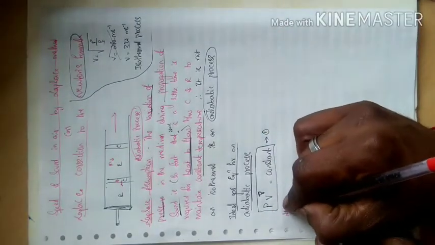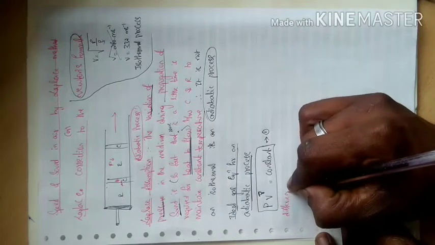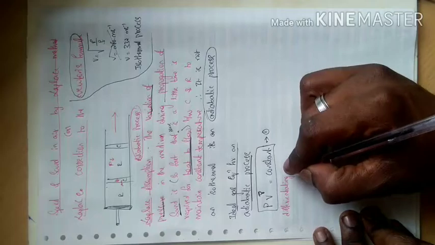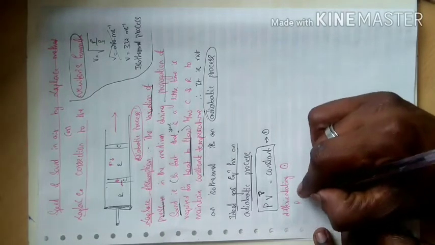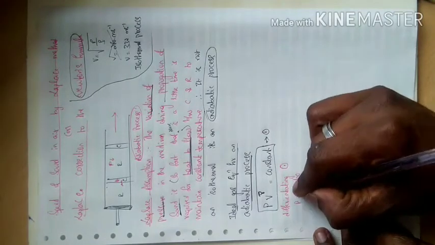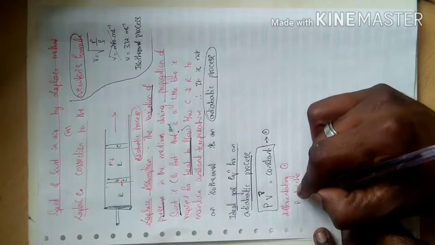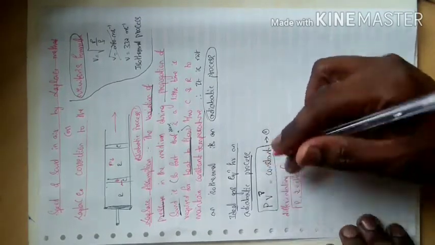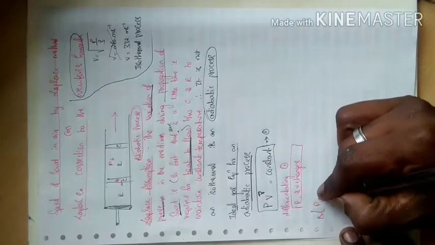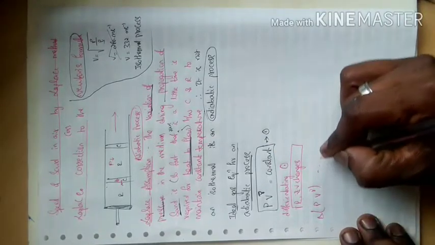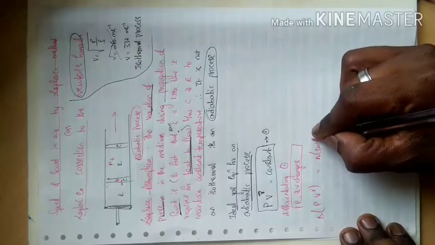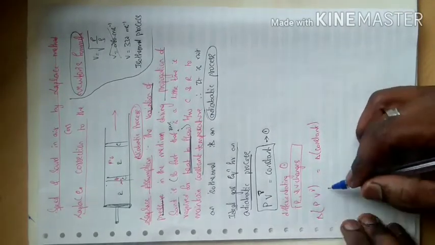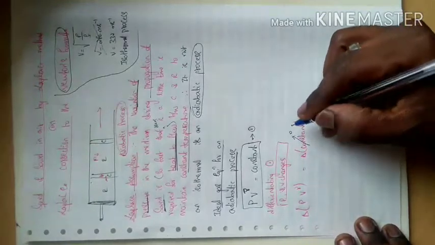Now differentiating equation 1, P and V change, pressure and volume change. Delta of PV to the power gamma equals delta of constant. The differentiation of a constant is 0.